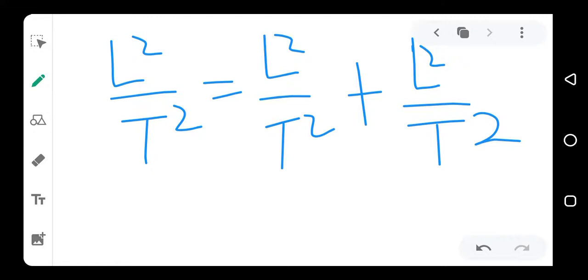So we now see that everything is the same. We have L squared over T squared here, here, and here. So the equation is verified. It is correct.